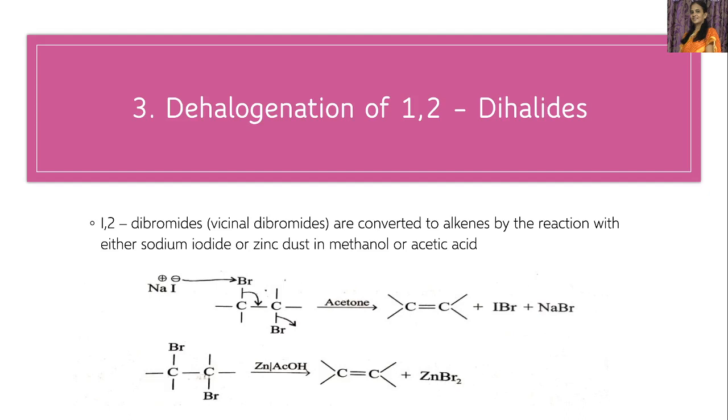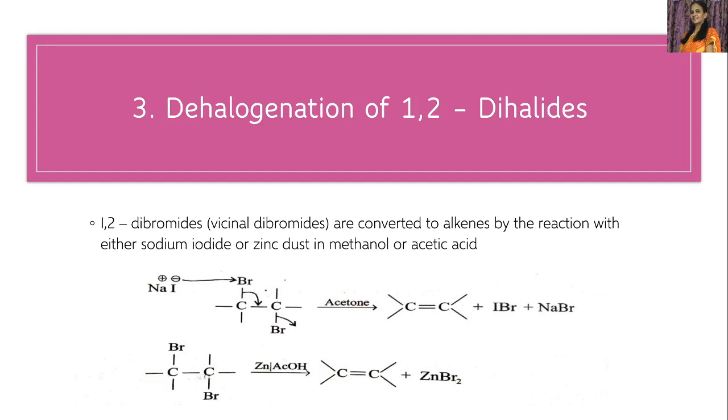So dihalides means two halogens are present, where 1 and 2, that is, on the first carbon one halogen and on the second carbon another halogen is present. From adjacent carbon atoms, halogens are removed and this reaction is known as the dehalogenation reaction.